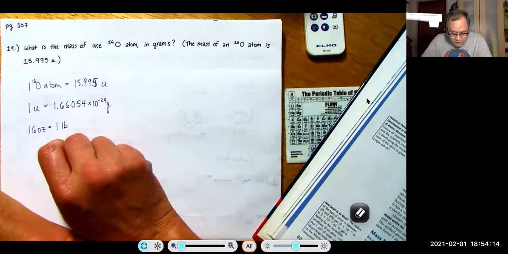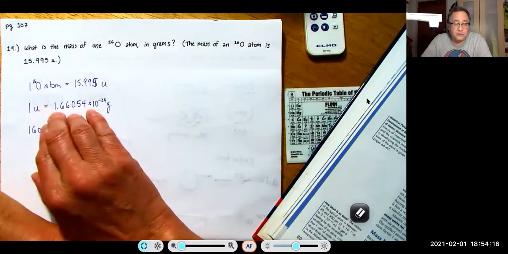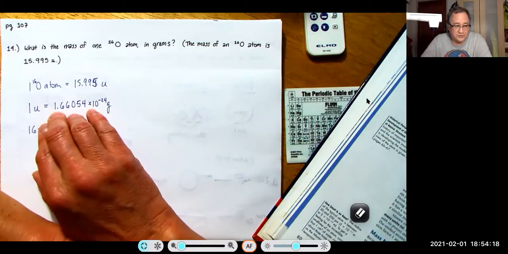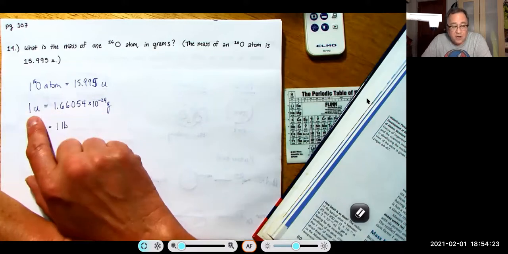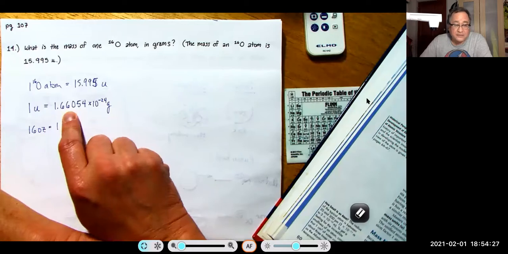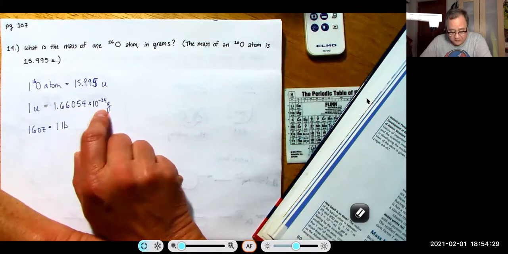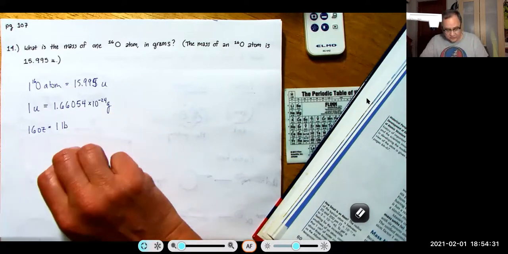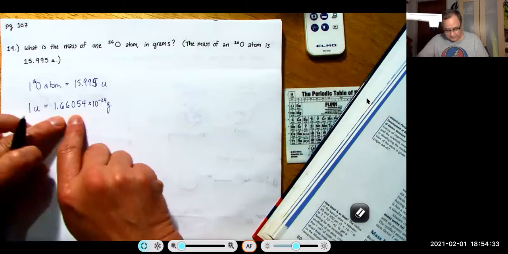Now, naturally, when we're using numbers like this, what are we referring to? We're referring to atoms and molecules. So one atomic mass unit of a molecule is 1.66054 times 10 to the minus 24 grams of that molecule. So this is a conversion factor.